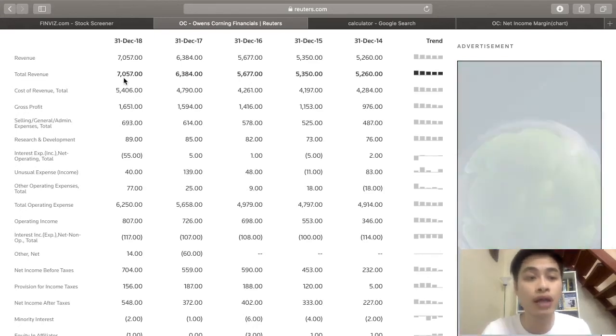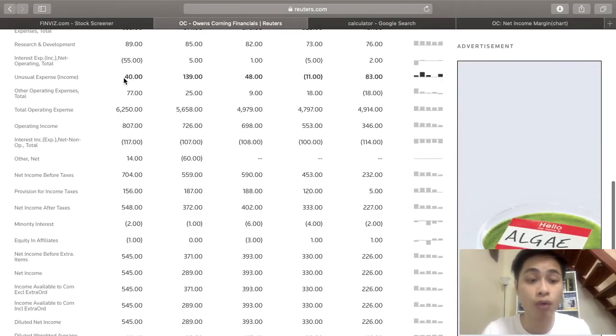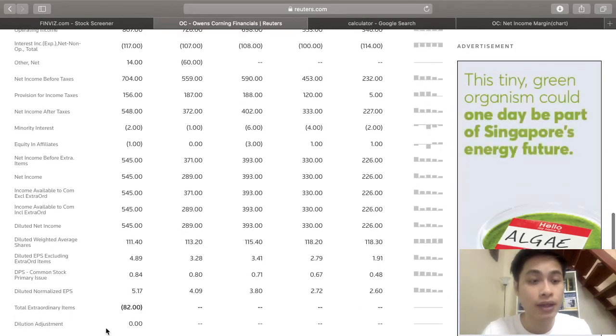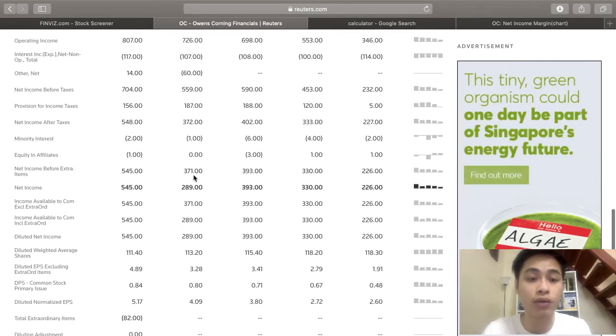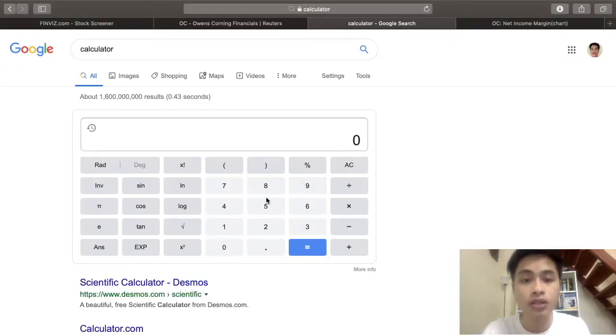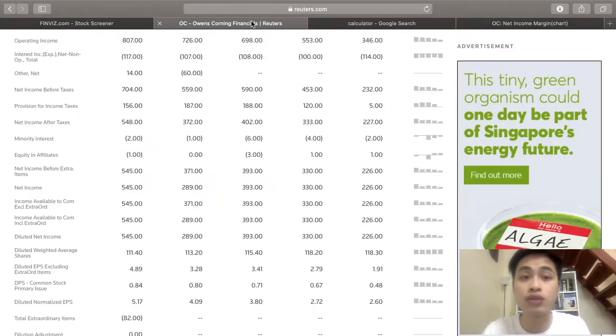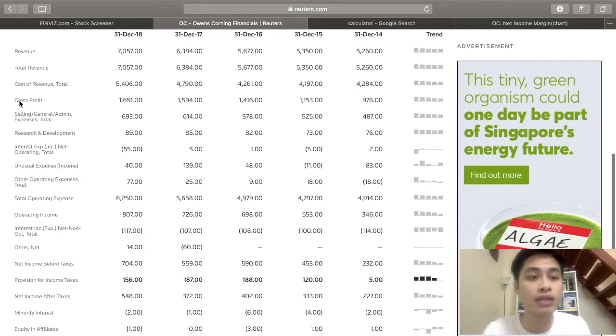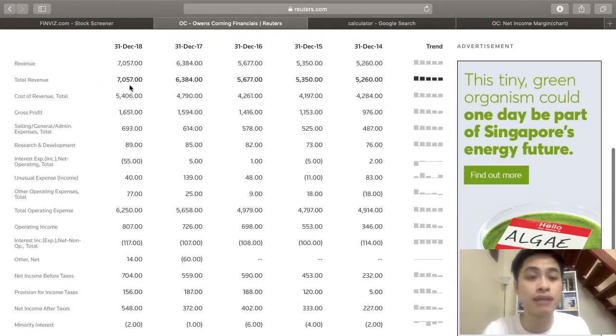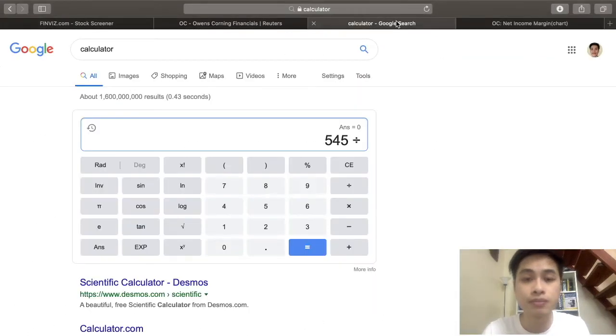So how do we calculate the net profit margin of OC? We take the net income or net profit of the company, which is 545. So I go on to the calculator. 545 divided by the sales revenue or total revenue of the company. The total revenue is 7,057.